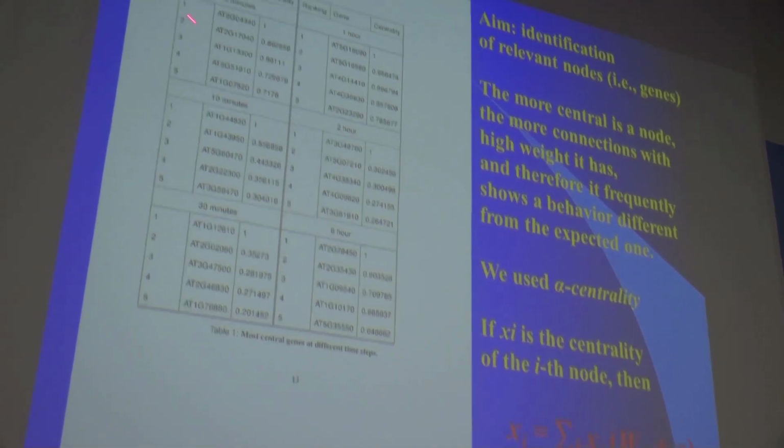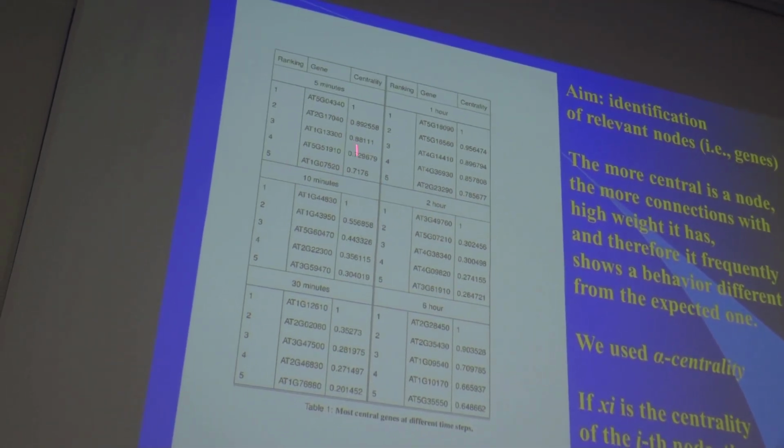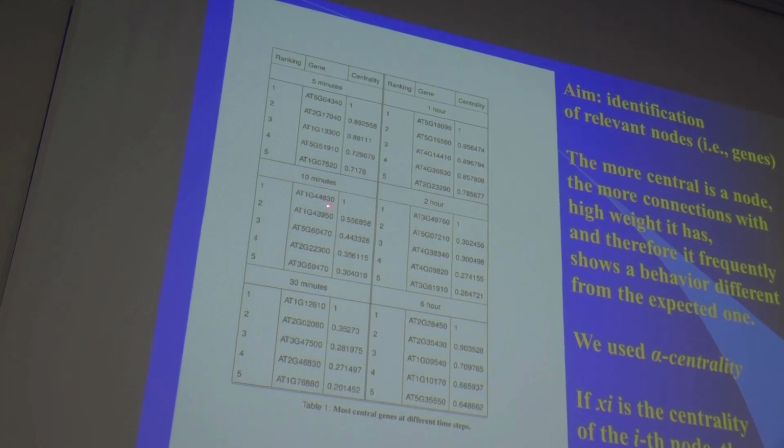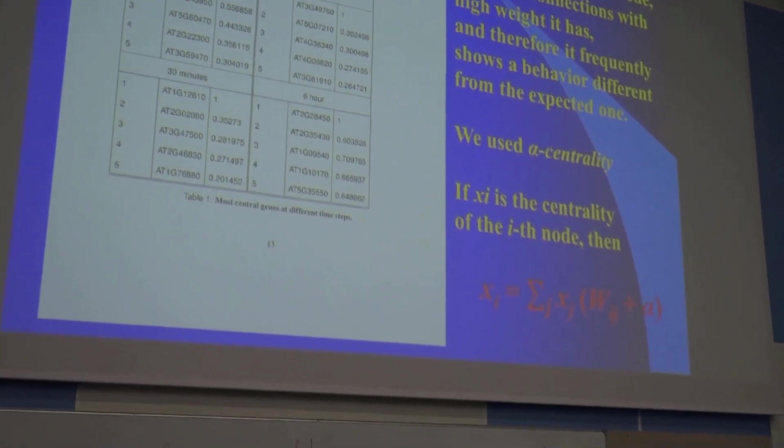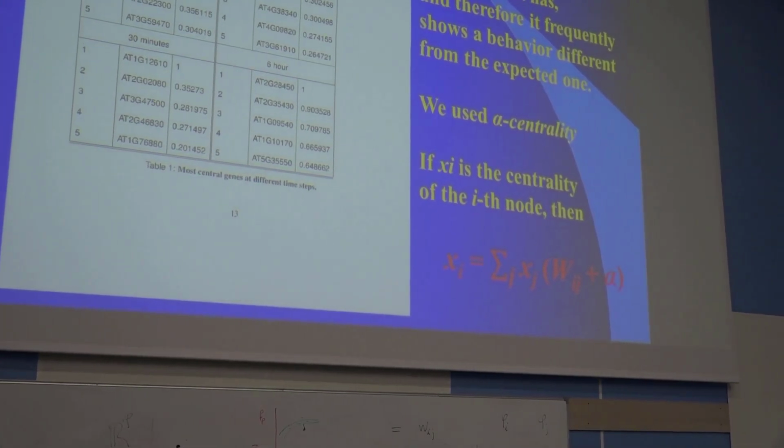So I take the first 5 genes at 5 minutes, the first 5 at 10 minutes, the first 5 at 30 minutes, the first 5 at 1 hour, 2 hours, 6 hours. And you see here you have the value of the centrality. And then with this list, I go to plant genomics and say I predict that these 30 are the most important genes that regulate the behavior of the plant in response to this kind of stress.